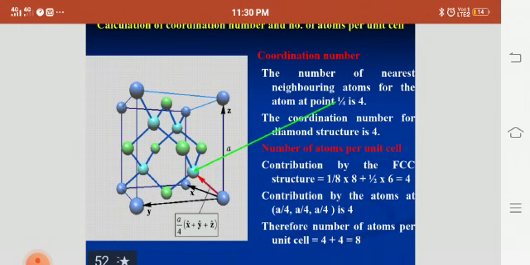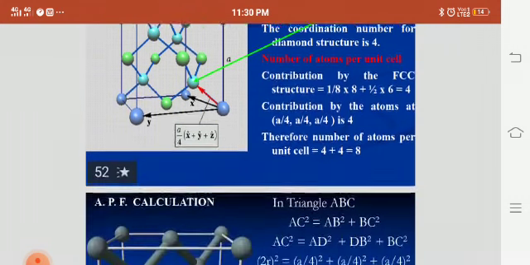Next, the contribution by the atoms at the a by 4 position is 4. So totally we have the contribution by the FCC structure plus the contribution by the atoms at the 1 by 4 cube edge, equal to 4 plus 4, that is 8. So the number of atoms in the diamond structure is 8.